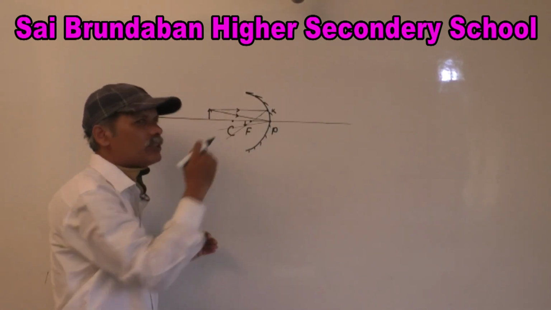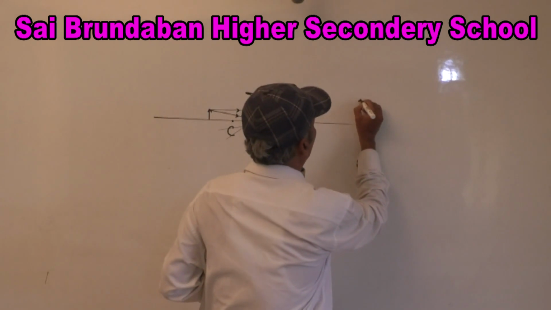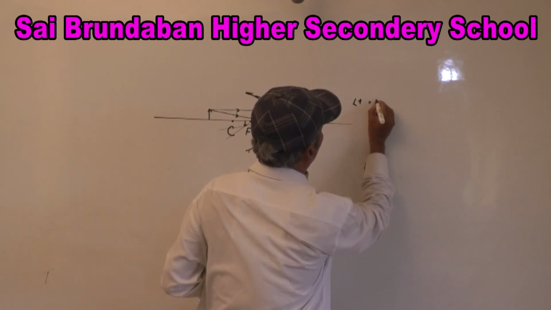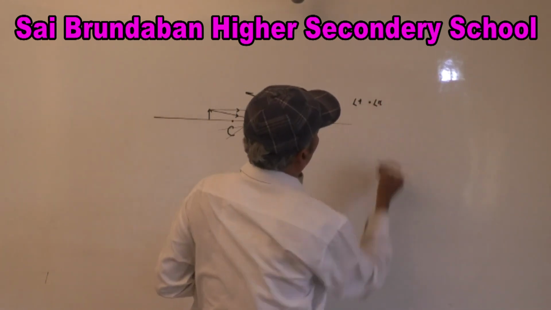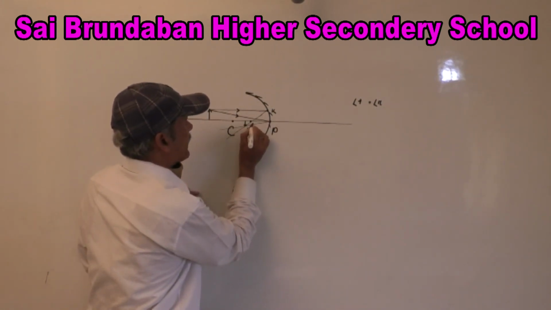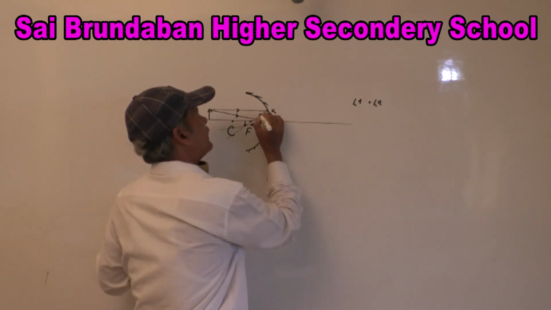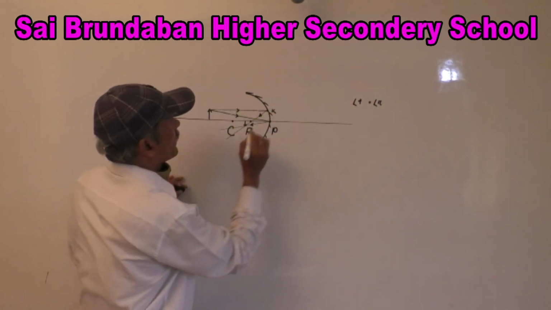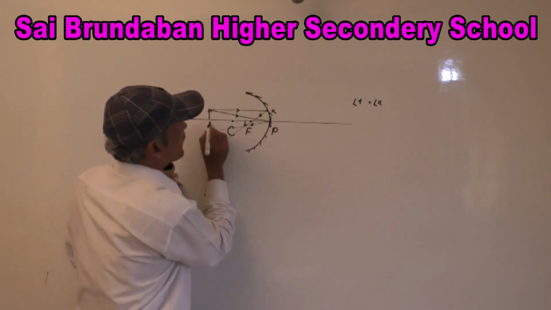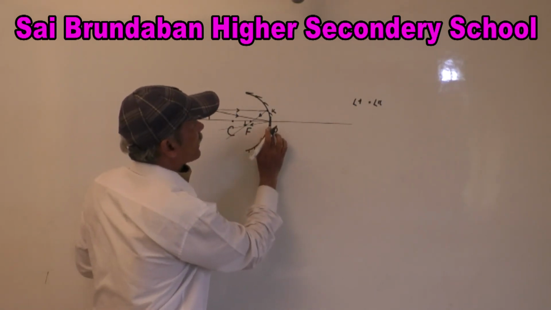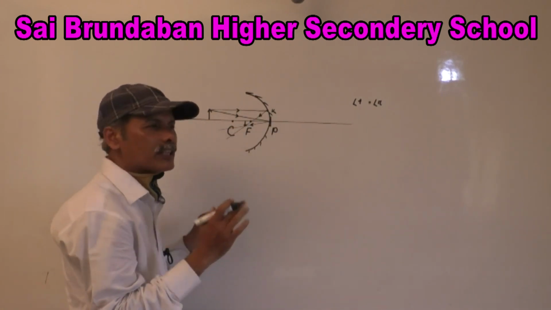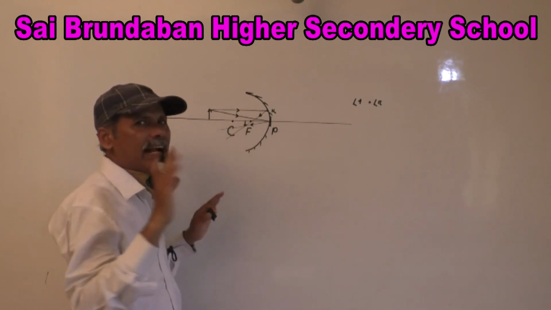But in both cases, the laws of reflection hold. This is the reflected ray, this is another reflected ray. If you draw a tangent at the pole, you will find the principal axis acts as the normal.